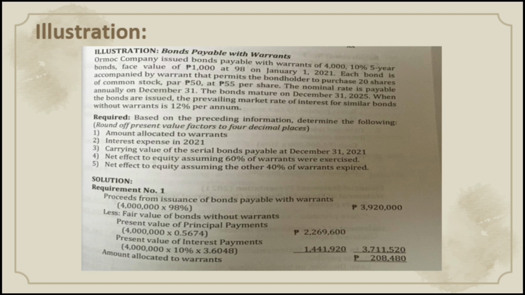So ang sum sa present value of principal payments ug sa interest payments is 3,711,520. So atong i-minus ang 3,920,000 nga proceeds sa fair value of bonds without warrants nga 3,711,520 is equal to 208,480 pesos. Mao ni ang amount allocated to warrants.